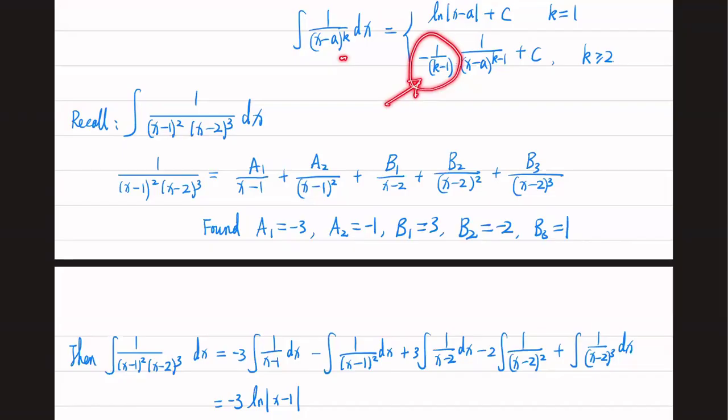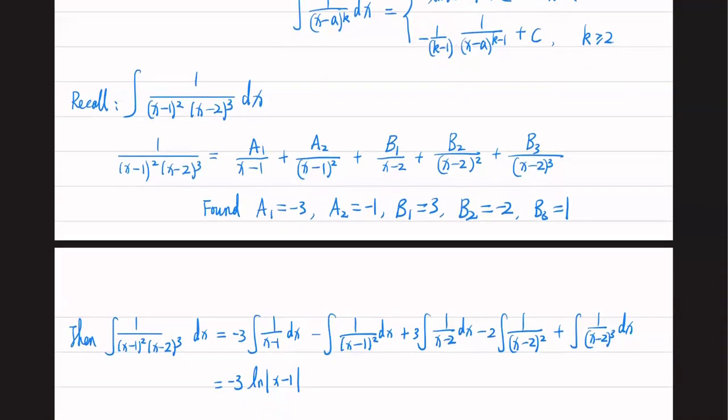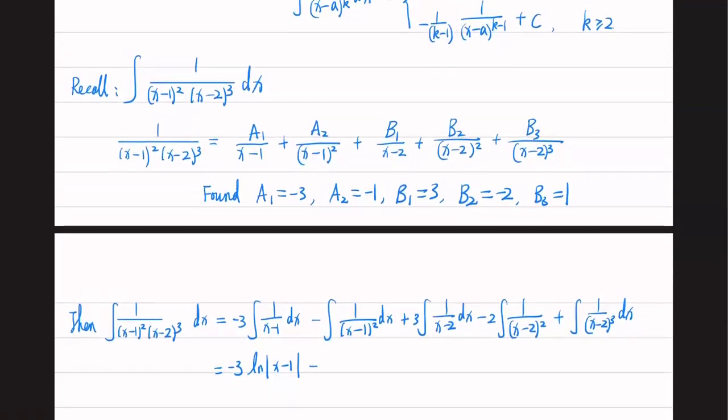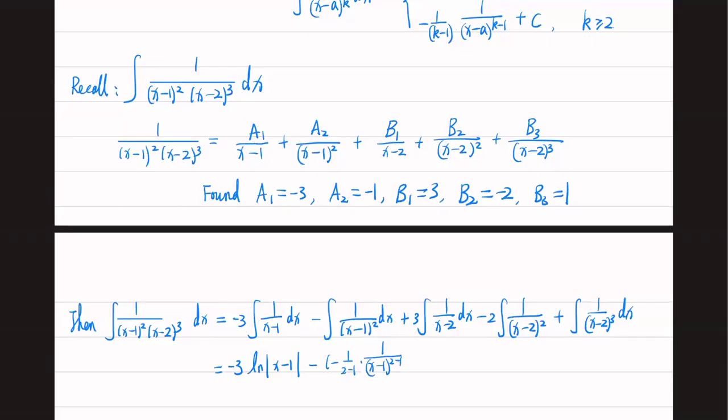Negative 1 over 2 minus 1. Yes, okay. So we apply this formula with k equals 2, we get negative 1 over 2 minus 1, times 1 over x minus 1 to the power 2 minus 1. Okay, that's the second. And Elisa, third one.